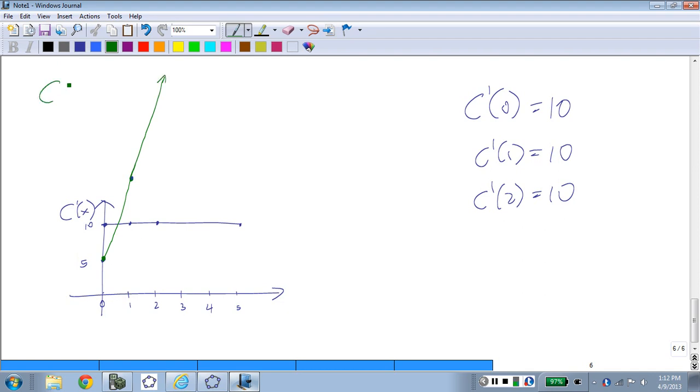C of x equals 10x plus 5. So that's the cost function.